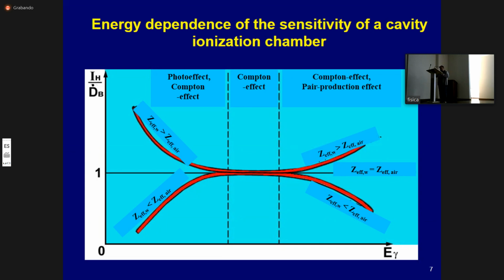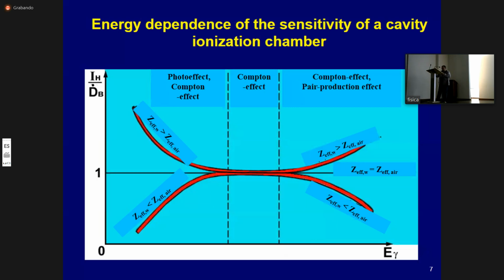The sensitivity of a detector is understood as its response to a unit of measured value. For example, in the case of current ionization chambers, the sensitivity to dose rate we call I divided by dose rate.